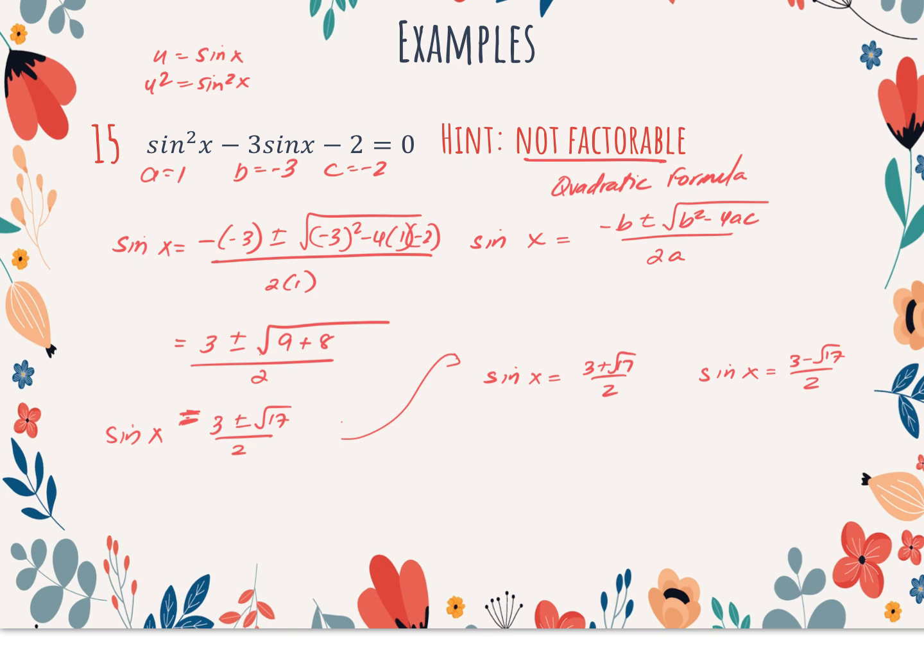At that point, you can either find a decimal for this and then do your inverse, or you can just do the inverse now. So you can do sine inverse of 3 plus radical 17 over 2, and this one would be inverse sine of 3 minus radical 17 over 2. And you're going to get your decimals. Let me punch that into the calculator and get those values.